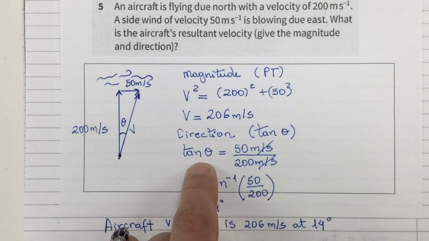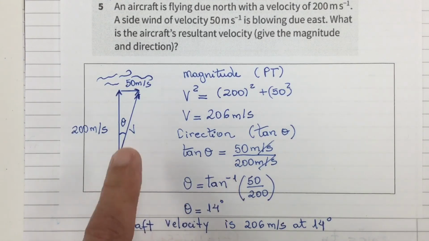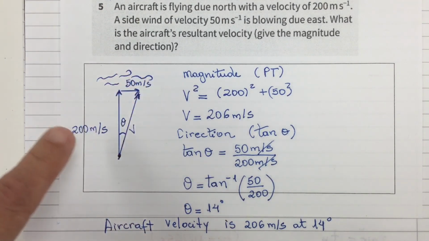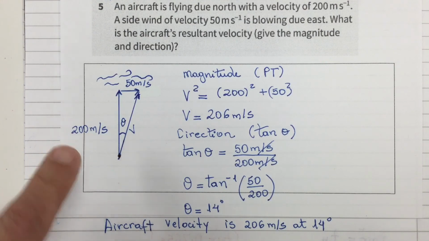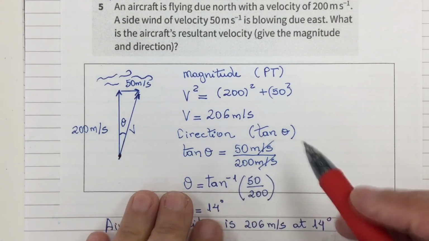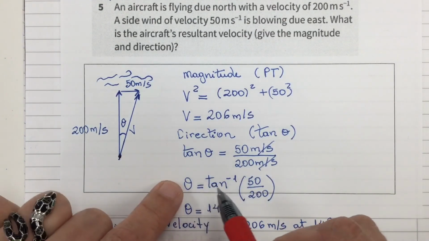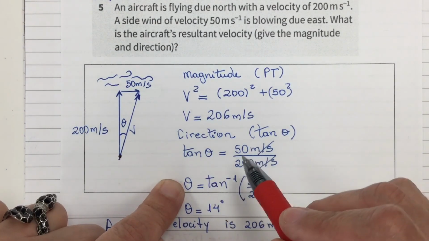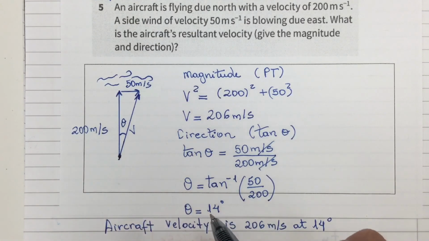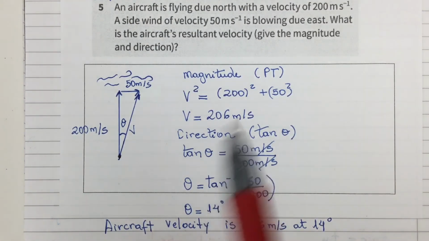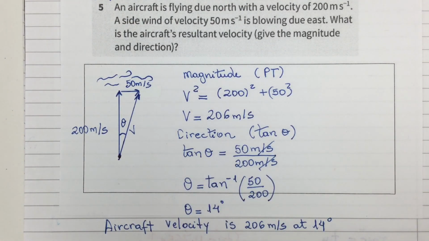Now the tangent of this angle is the opposite, 50, over the adjacent, which is 200. Angles don't have units, so we cancel those out. So the angle is the inverse tangent of 50 over 200, which is 14 degrees. So the correct answer is that the aircraft velocity is 206 meters per second with a direction of 14 degrees.